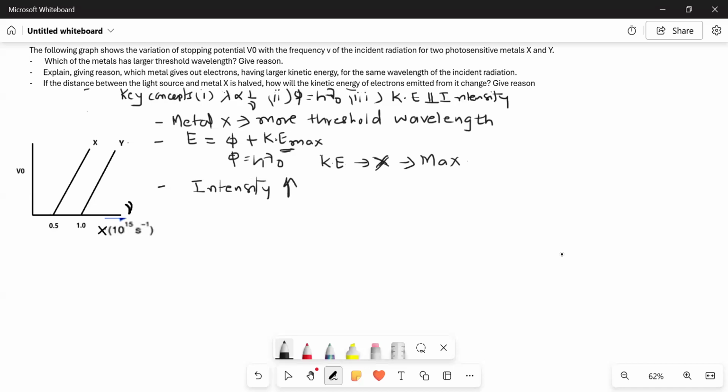But we know that kinetic energy is independent of intensity. So since the kinetic energy is independent of intensity, there will be no change in the kinetic energy of the emitted electrons.